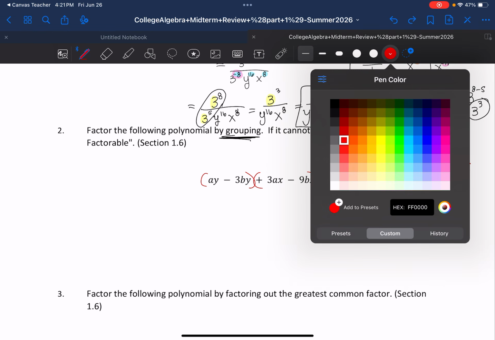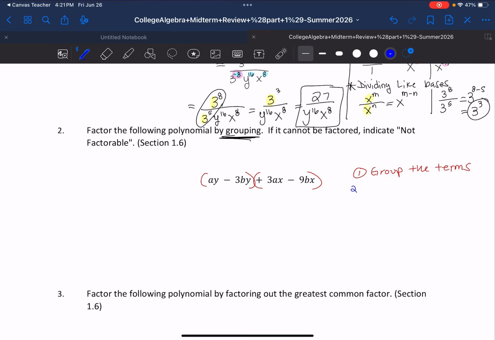Step 2 is to factor out the GCF from each group separately. So you look at these 2 terms and say, what's the GCF? What do they have in common?